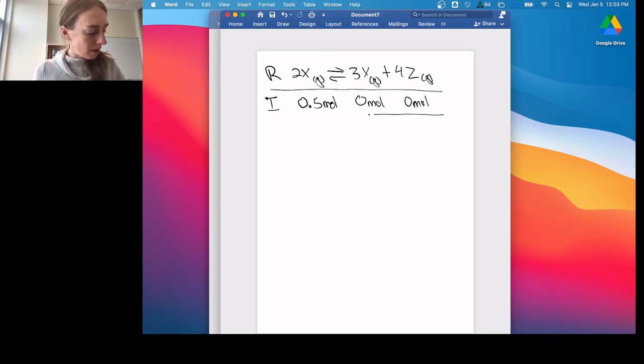As of right now, we don't know how things changed, so we're going to leave that blank and come back to it.